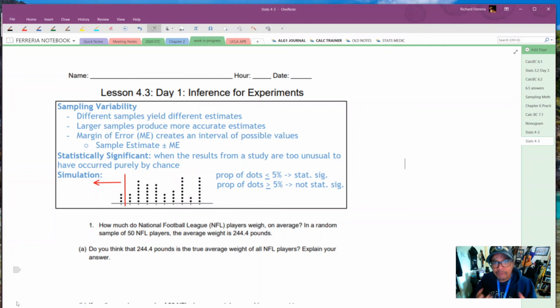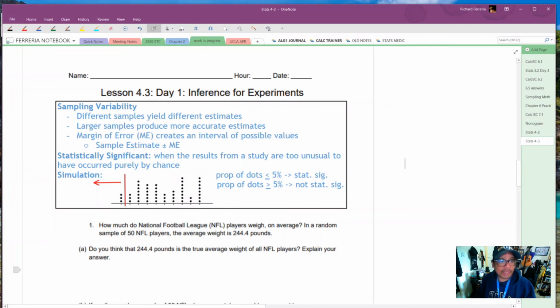Average is the easiest one to talk about. A margin of error says, okay, this guy weighs 160 pounds with a margin of error of 10 pounds. What that means is that the true weight is probably somewhere between 150 and 170. So it gives you a range of values, an interval of possible values for the actual weight.